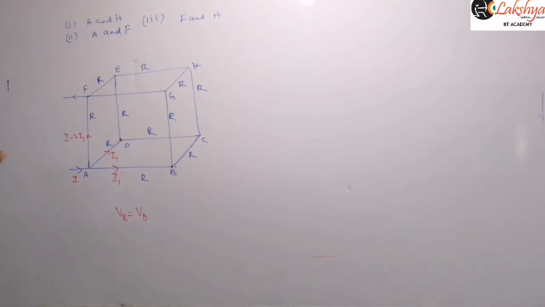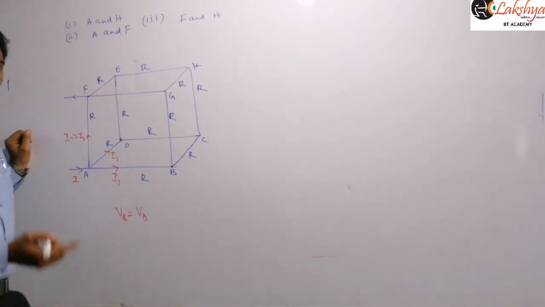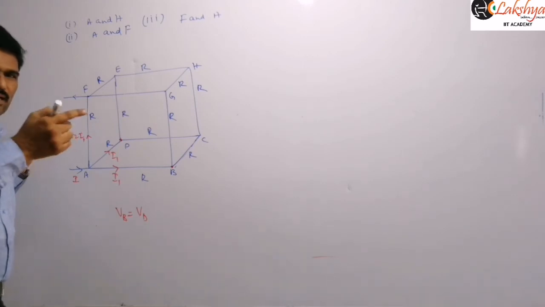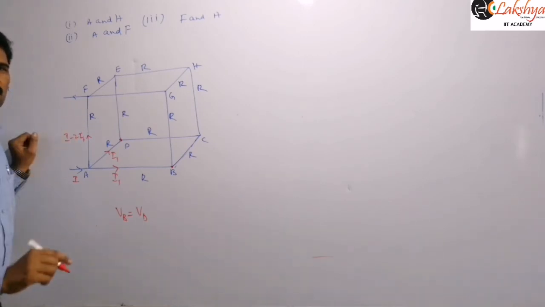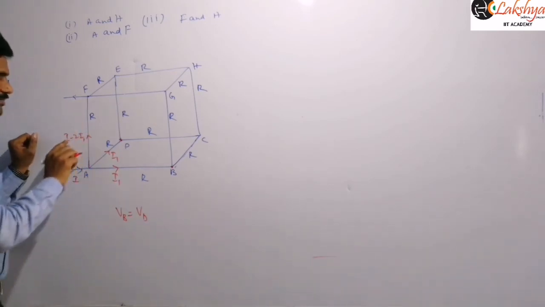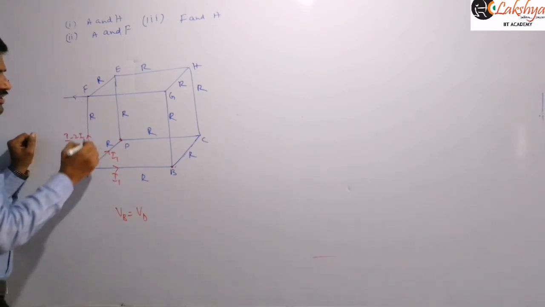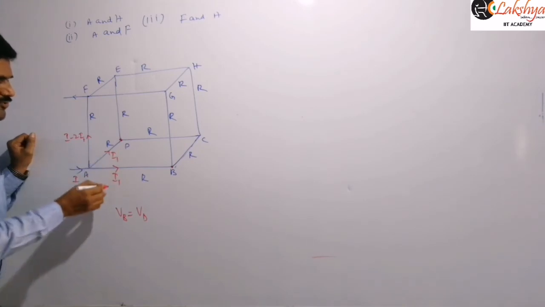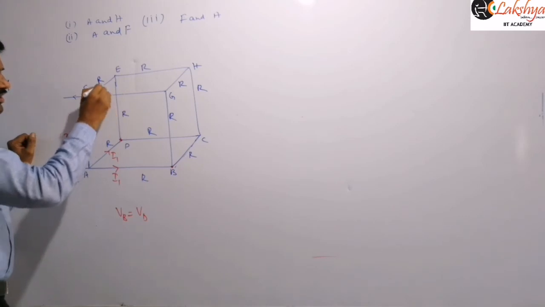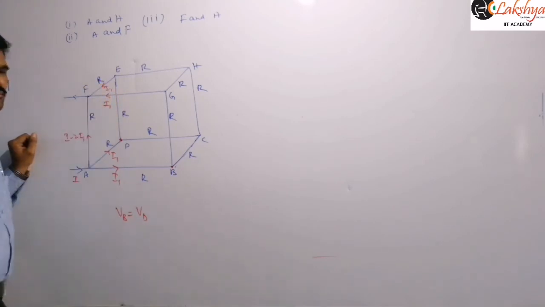Got it? Similarly, as I said in the beginning, when the current entering and leaving junctions are identical, identical current will flow through them. So here I minus 2I1 is flowing, and the same amount will reach here. The remaining I1 and I1 are flowing here. So I1 is coming out here and I1 is coming out here, right?